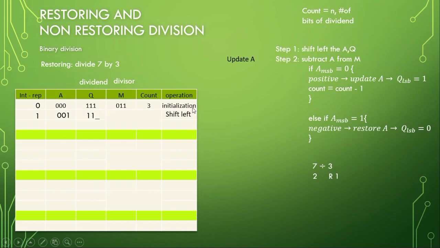So we've shifted left. This is our operation, this is our count. Notice that if we're using 3 bits for the dividend, then our count is going to be 3 like so. Now we have shifted left by 1, so our next operation is to subtract M from A. You're going to get this, and we're going to subtract, like so.